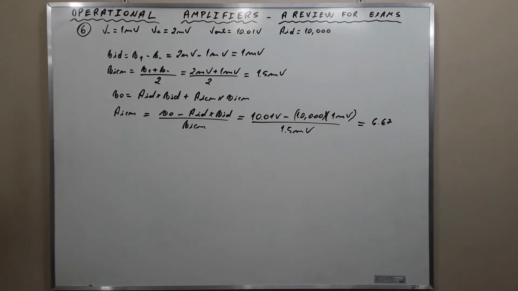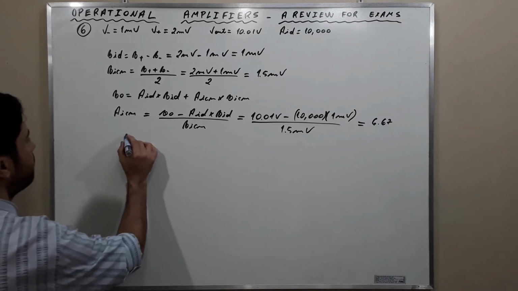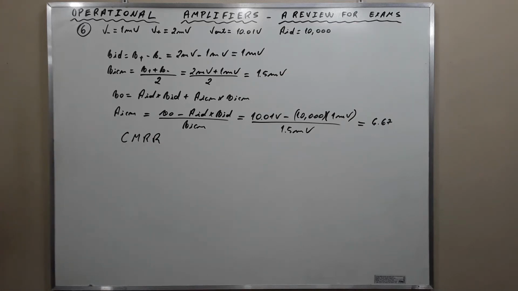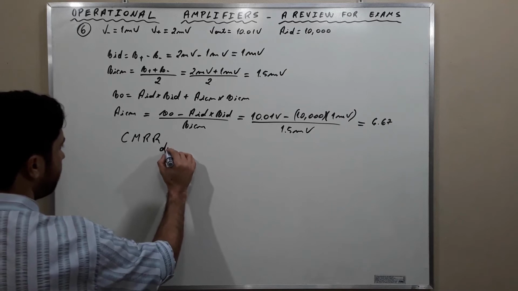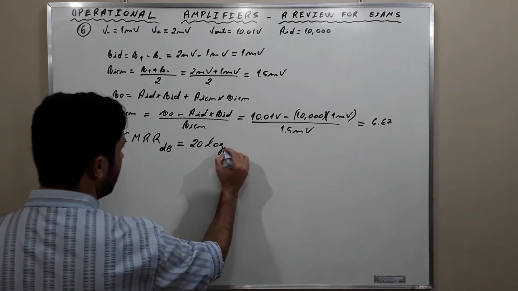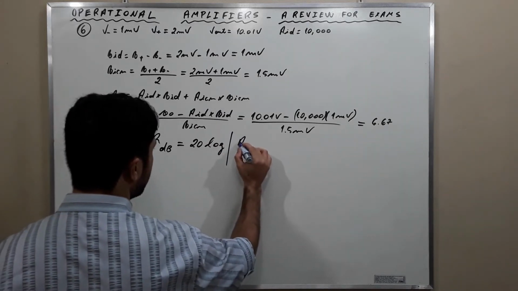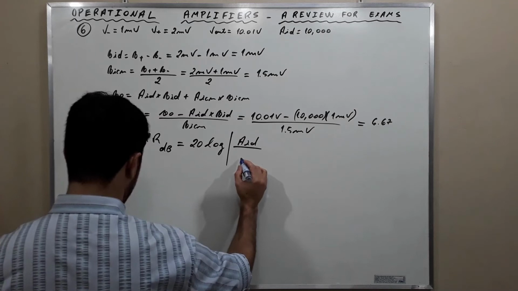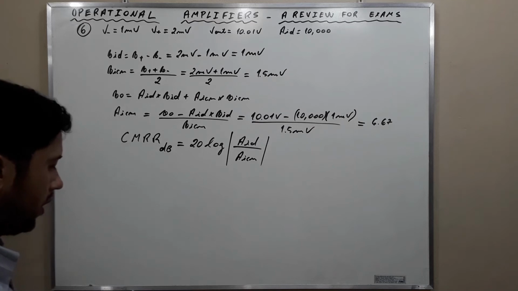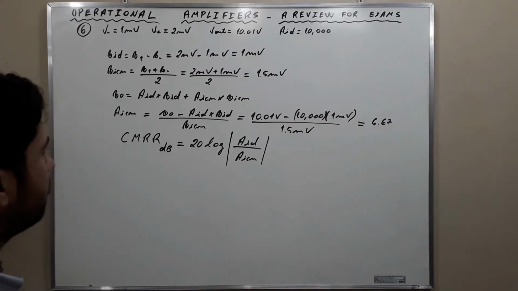Finally, to calculate the common mode rejection ratio in decibels, we use the following expression, okay? CMRR, the common mode rejection ratio in decibels, is equal to 20 times the logarithm of AID divided by AICM. Okay? AID was given as 10,000.